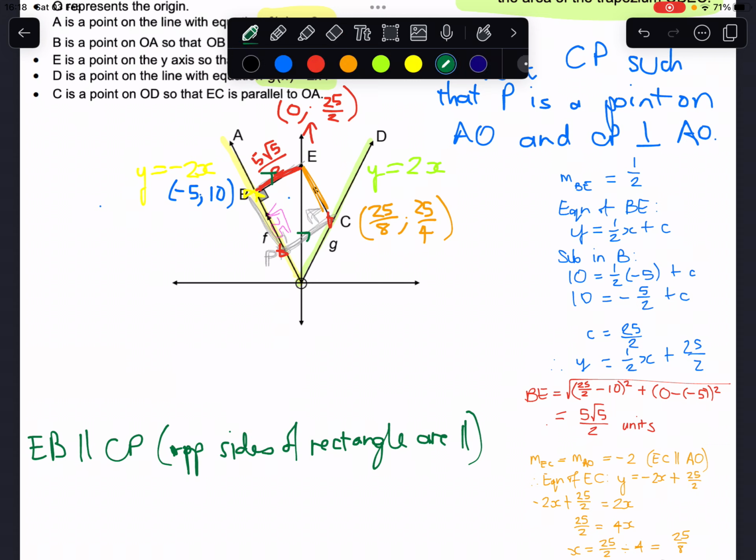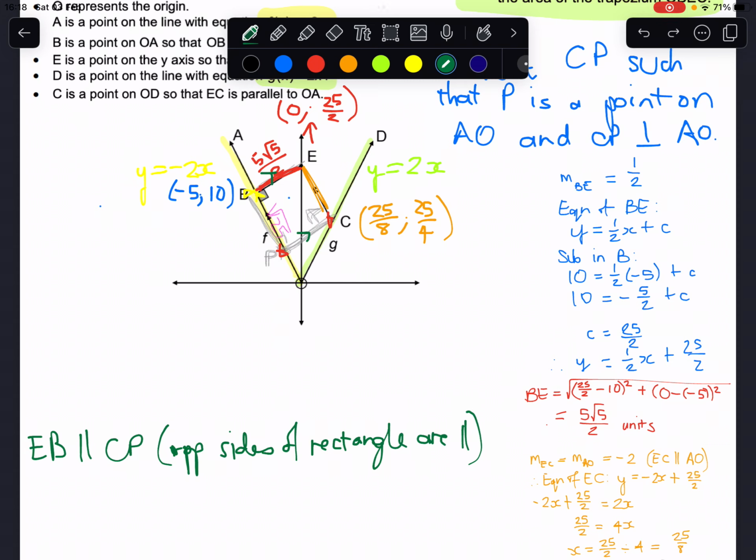I was going to say we know that it's a rectangle because all the angles are equal to 90, but do we really know that? This angle over here we know is a 90 because that's how we constructed it, so that's given.